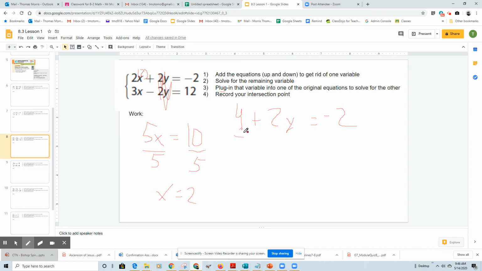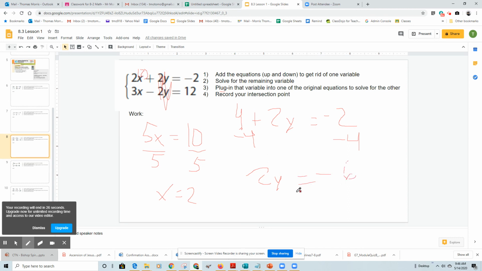I want to get rid of my 4 on this side, so I'm going to subtract 4 from both sides. I'm left with 2y equals negative 6. Divide both sides by 2. Y equals negative 3. So there's my solution point, 2, negative 3.